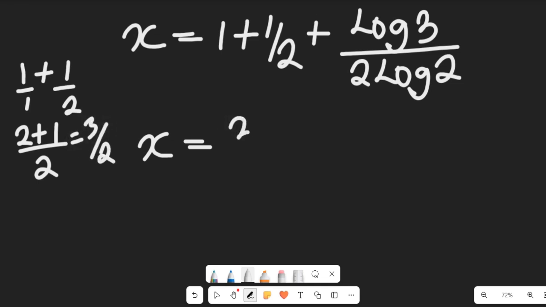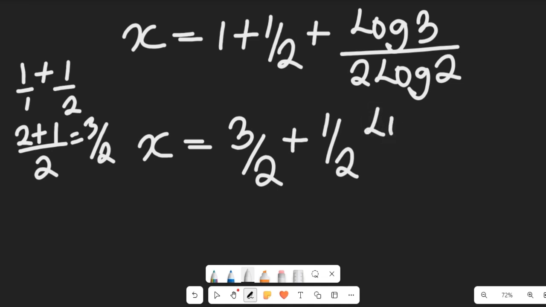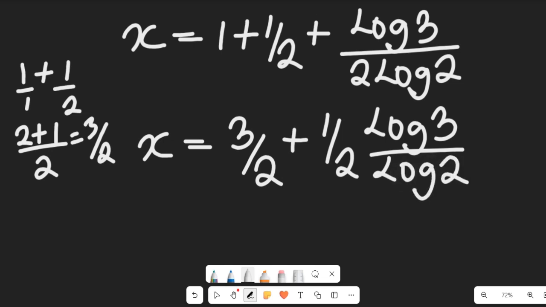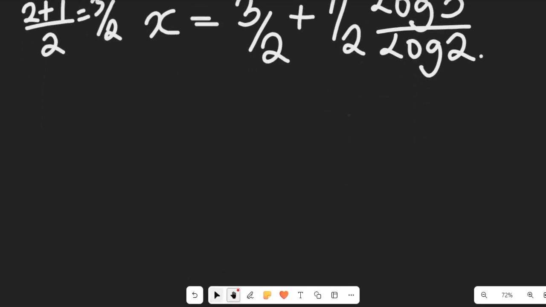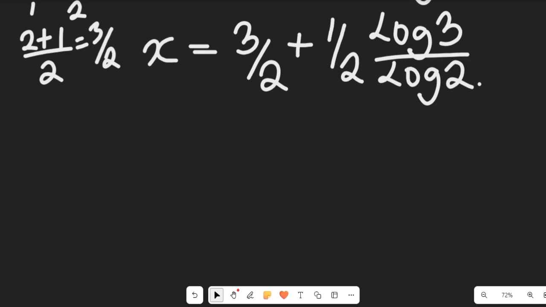So we'll have 3 divided by 2 plus 1 divided by 2 log 3 divided by the log of 2. Great. So you see the result is coming out gradually. From that expression, you can simply see that we can expand gradually.